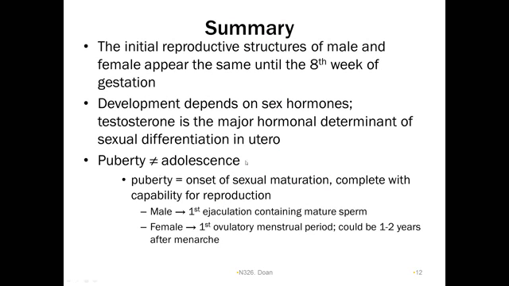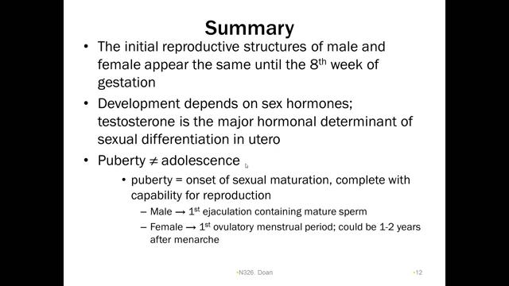Well, adolescence is a stage of development that involves the social, psychological, and also biological formation. Puberty is merely the onset of sexual maturation, and it is complete with the capability for reproduction.